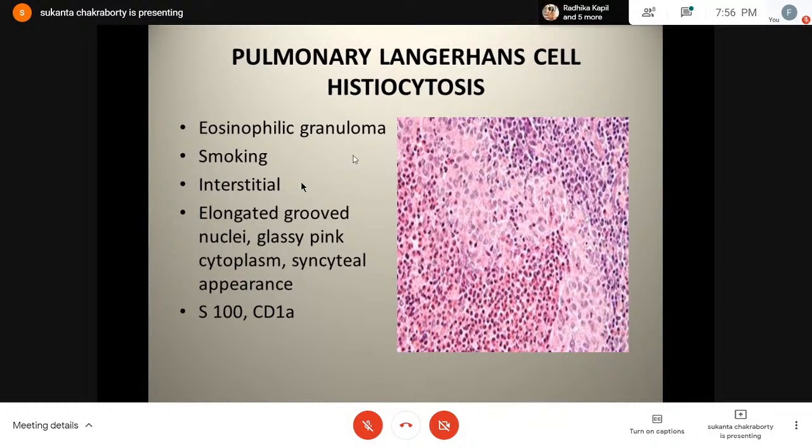As we know, Langerhans cells have elongated grooved nuclei with glassy pink cytoplasm and a syncytial appearance of staying together. And we know they are S100 and CD1a positive, and we should remember that this is a subgroup of ILD which occurs in younger patients or young adults, this LCH.